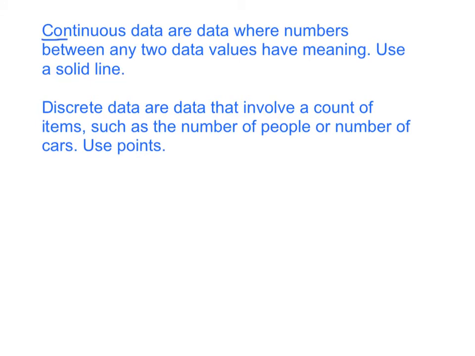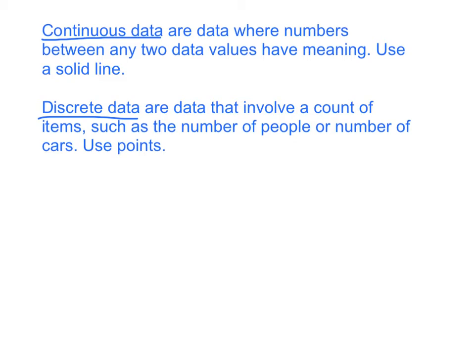The next thing we're going to talk about is how we use our data. This is important. Continuous data are data where numbers between any two data values have meaning. Use a solid line. Some graphs involving real-world situations involve lines where you connect the dots. Some data points, we're not going to connect the dots, and that's what's called discrete data.